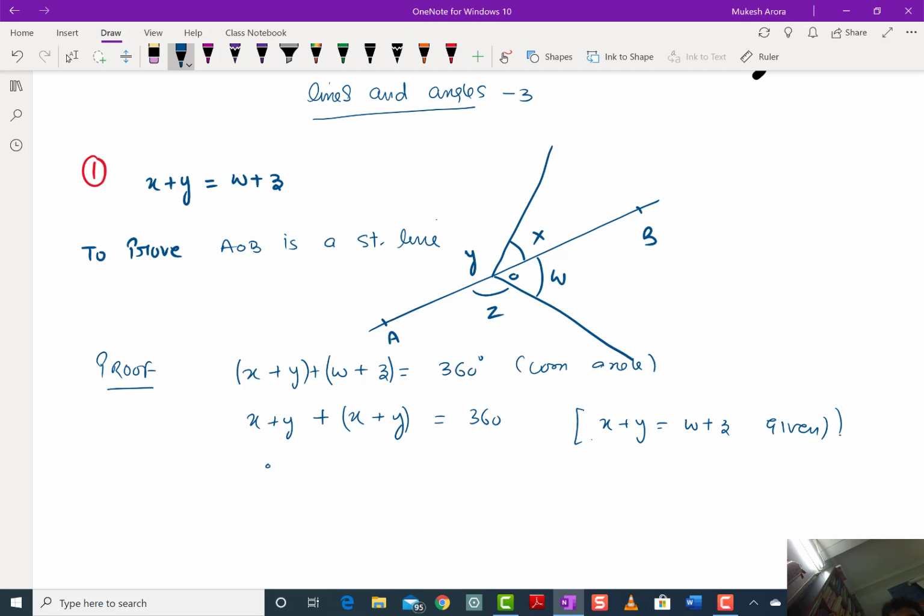So 2 times x plus y is equal to 360. So x plus y is equal to 180. Therefore AOB is a straight line.